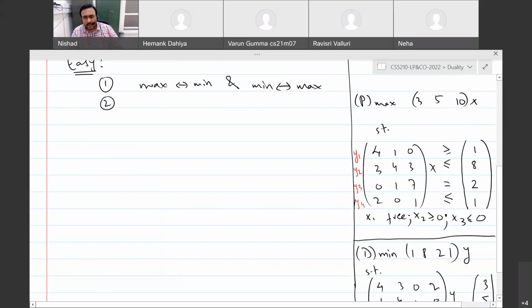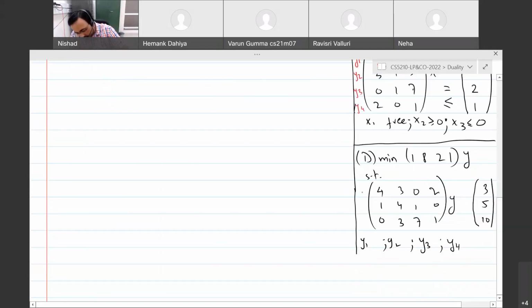So notice that for each constraint in your primal, you have a variable in the dual. When I say constraint here, I'm not referring to non-positivity and non-negativity constraints. I'm just referring to the constraints in Ax compared to b. So for every constraint of the primal, you have a variable of the dual, which makes sense because you are transposing the matrix. And similarly, for every constraint in the dual, you have a variable of the primal.